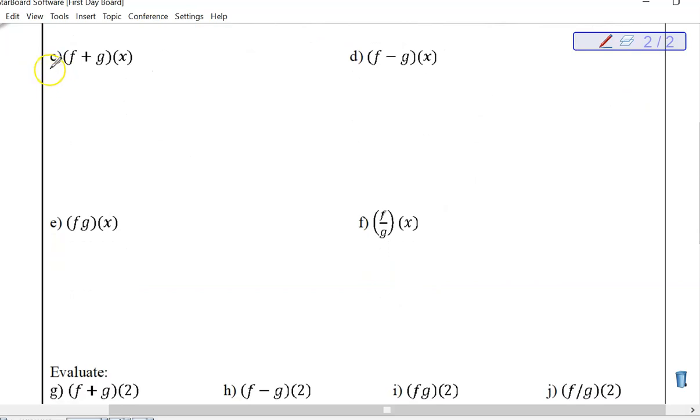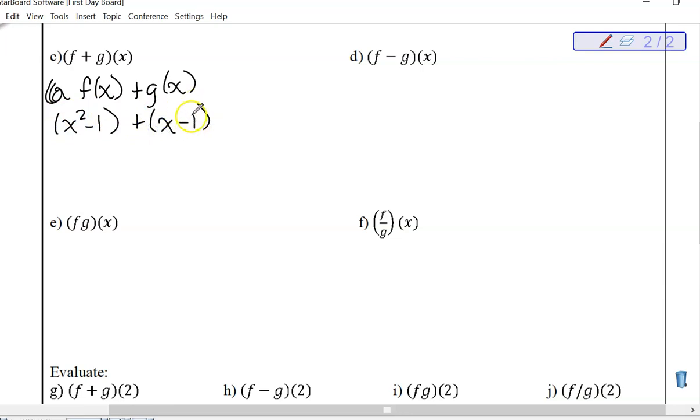So if I take a parabola, I'm just going to rewrite it, f of x plus g of x. And I take a parabola, this is something you should know, x squared minus 1, and I add a line, x minus 1. What do you think I'm going to get as an output? What's my new function going to be? What do you think? Well, let's look at it. So that's x squared minus 1 plus x minus 1.